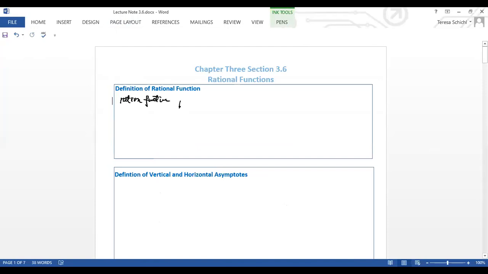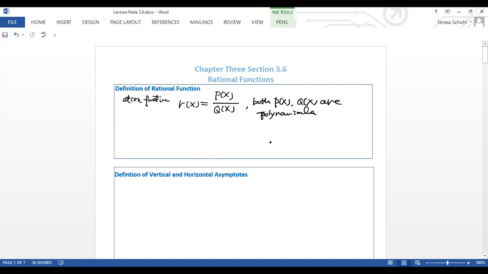We define rational functions. We define R(x), where R is rational, so that means it's a ratio, a fraction of two things, P(x) and Q(x). Both P(x) and Q(x) are polynomials.